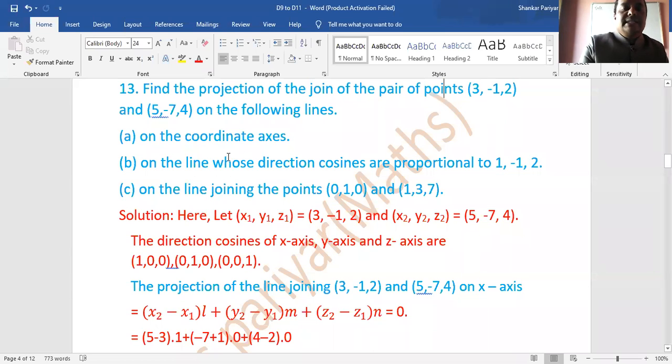Actually, the question has asked to find the projection on the coordinate axes. I already told you the coordinate axes are the x-axis, y-axis, and z-axis. We have got the projection on the x-axis.